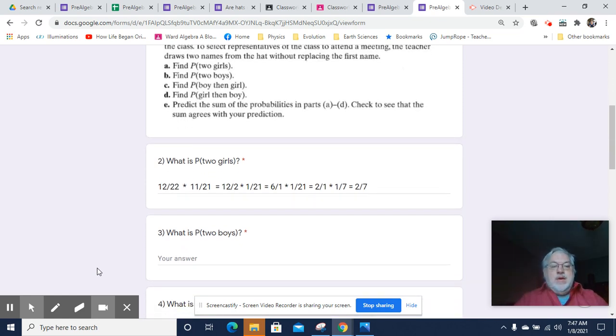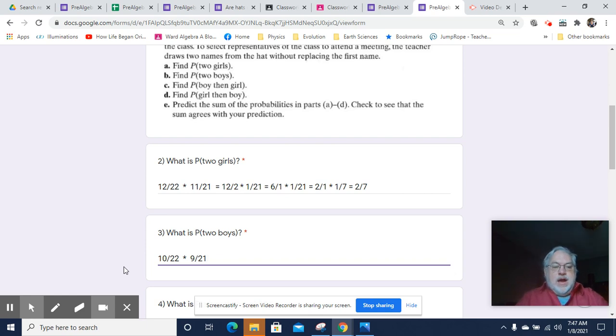Now, with boys, it's a similar structure. It's still out of 22 to begin with, so we can just copy paste this, but the numerator changes because there's 10 boys in the class, and then if we got a boy on the first draw, now there's 9 boys that we could draw from.